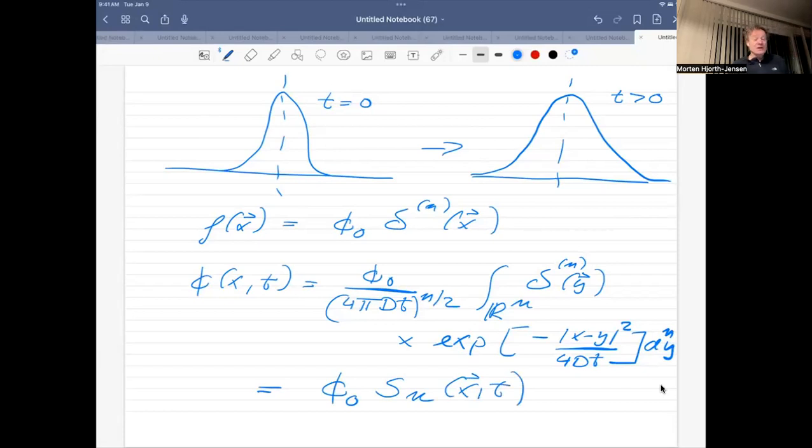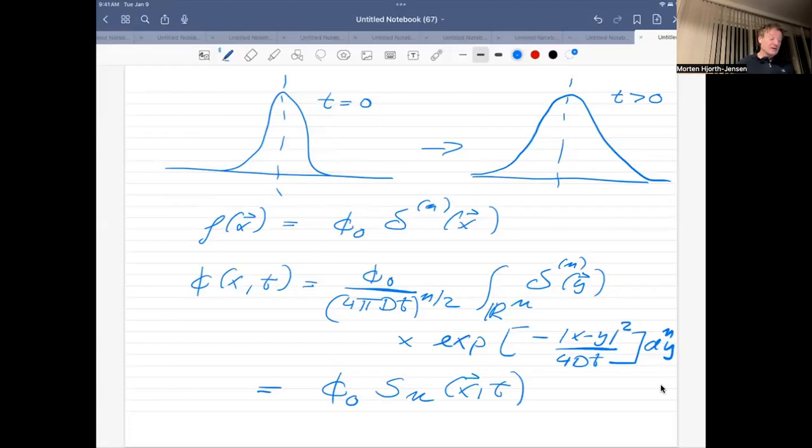So that means that if we start with an initial distribution which is sharply peaked at t equal to 0, given by a delta distribution, you could think of the example of milk drops being dropped in a cup of coffee as a sharply peaked function at time t equals 0. Your milk drops are located in a specific position, and then they spread out over time.